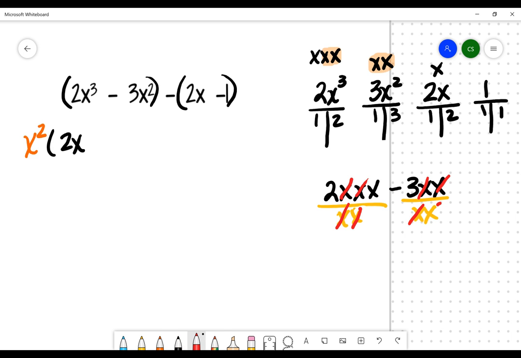Cancel, cancel, cancel, cancel. I'm left with negative 3. Bring down my minus sign. Greatest common factor between 2x and a negative 1. Well, it looks like it's just 1. So I need to factor it out. Well, when I factor out that 1, what does it leave? The same thing, 2x minus 1.